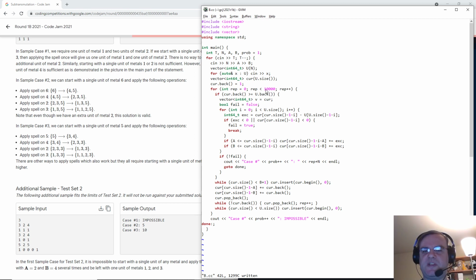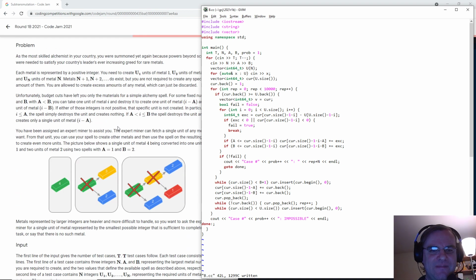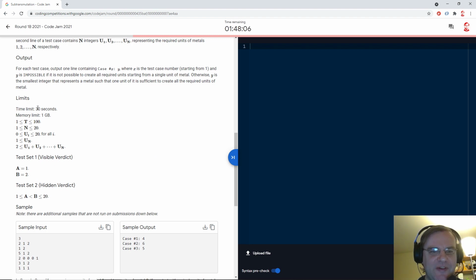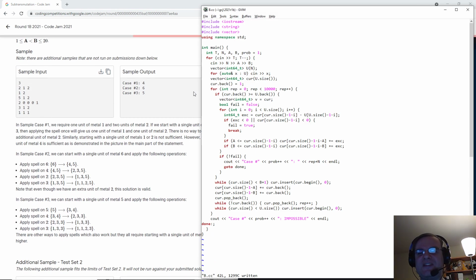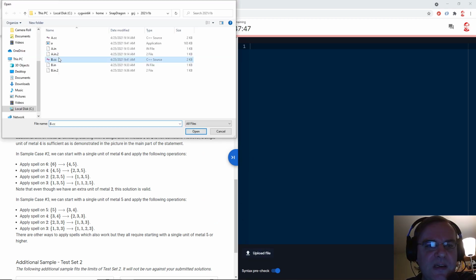I'm actually not going to stress the runtime. 10,000 should be fine. Not even sure what the time limit is. Time limit 30 seconds for 100 cases. Yeah, 10,000 is fine. And I think that's an order of magnitude more than I actually need. Anyway, this is less error prone than trying to handle the case where the GCD of A and B is not 1. All right, let's see if it passes the visible.